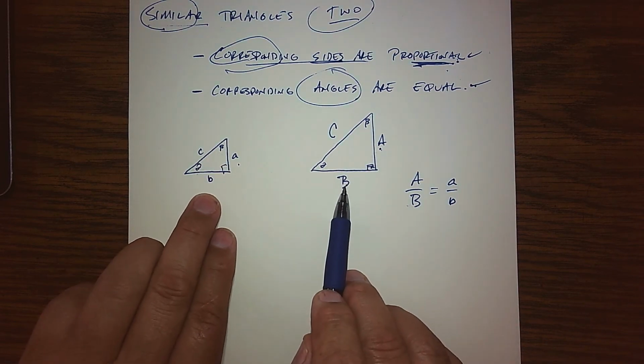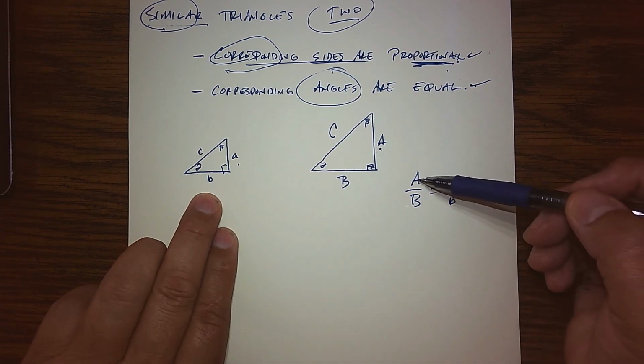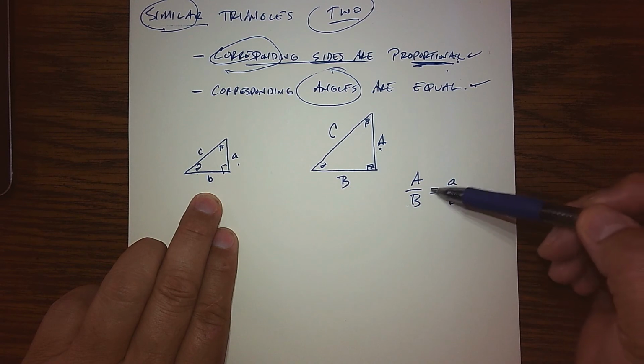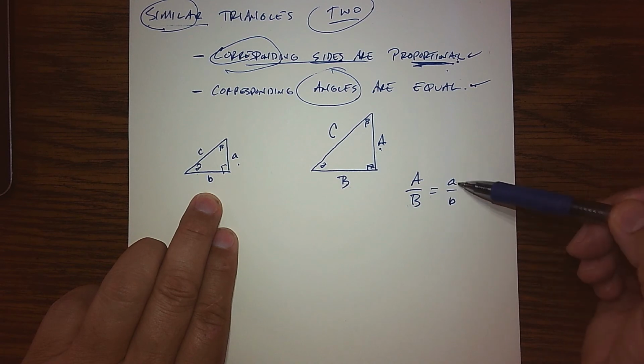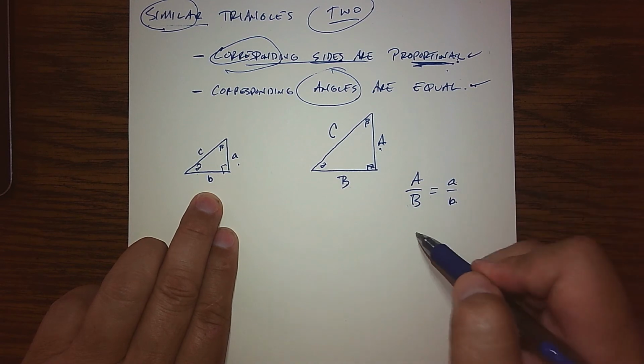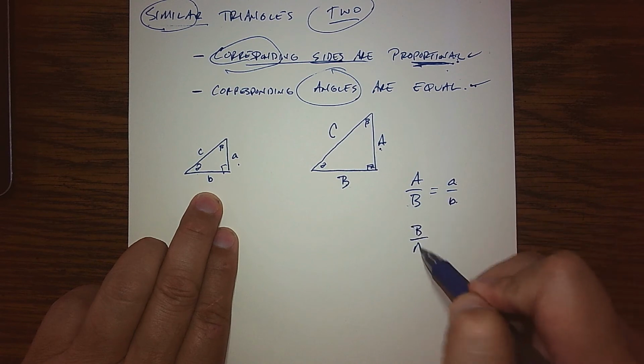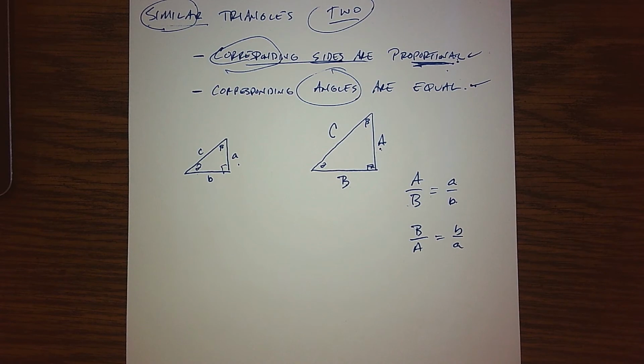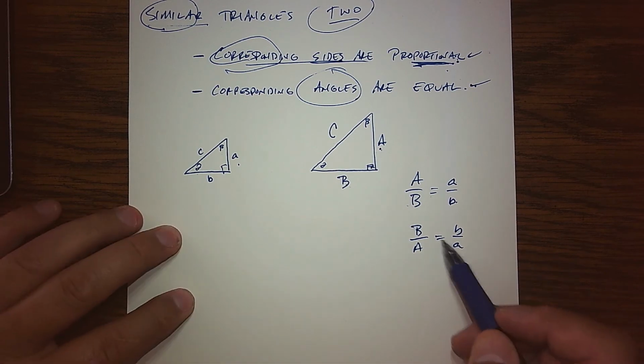And so they're corresponding sides. So when I form the ratio of A and B, capital, that would be equivalent to lowercase a over lowercase b. Of course, because we could deal with fractions, you could also say it that way as well. Of course, your fraction values will change, but the equality, the proportion, will not.